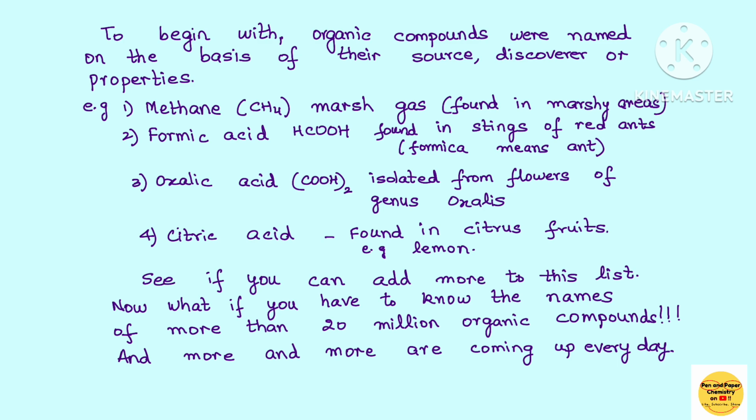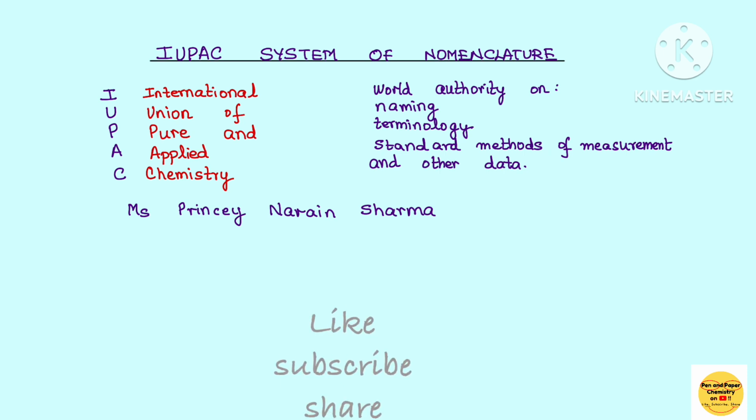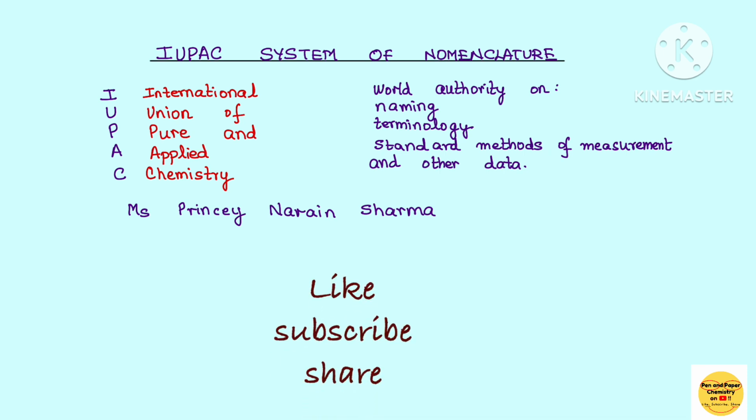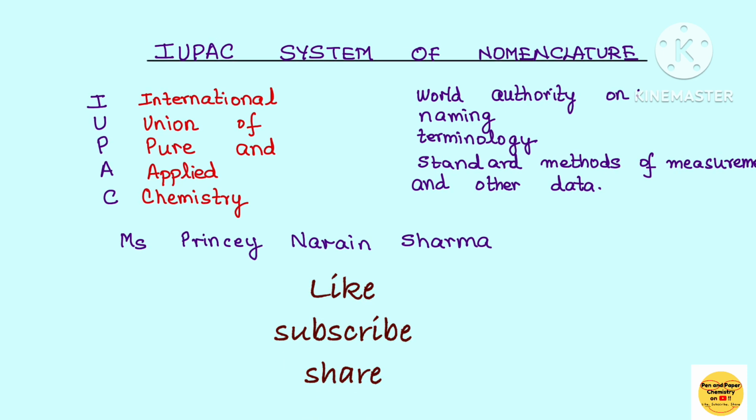Yes, very tough. So we devised a formal system of naming organic compounds, and that is called the IUPAC system of nomenclature. I for International, U for Union of, P for Pure, A for Applied Chemistry.